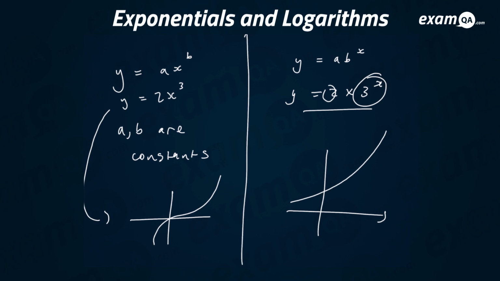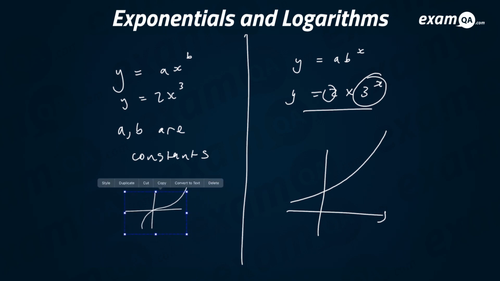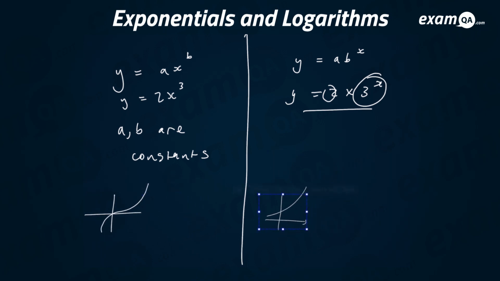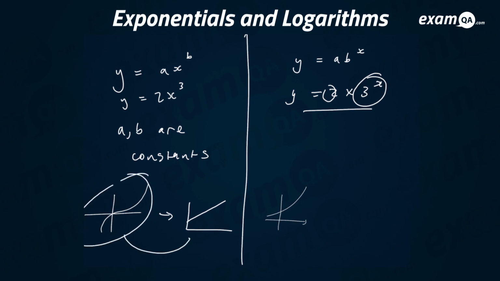How log comes into play here is that it converts these two graphs that I just drew, and makes them linear. So I can convert this cubic graph into a linear graph with the same information.